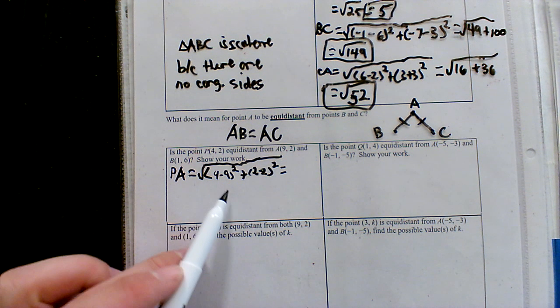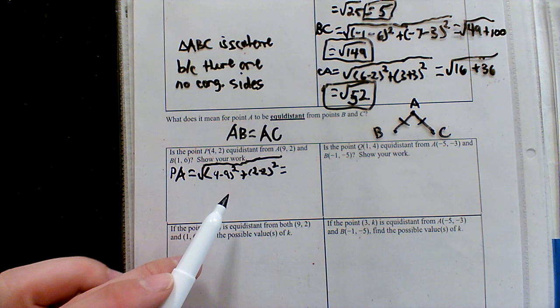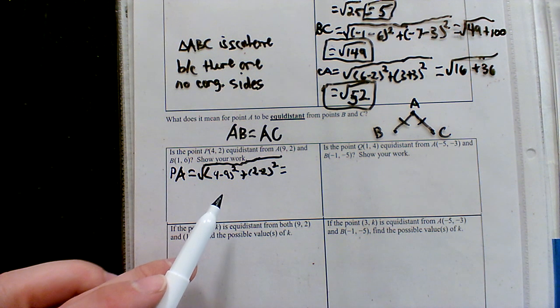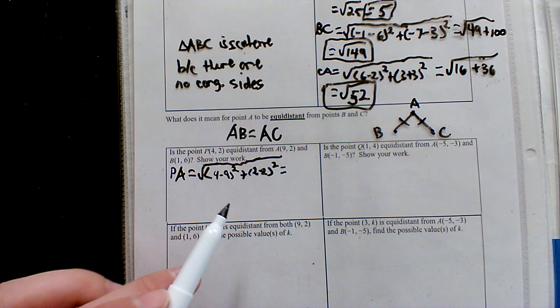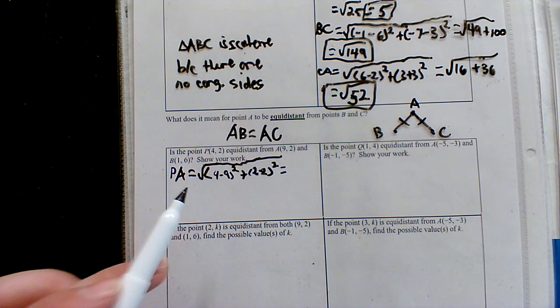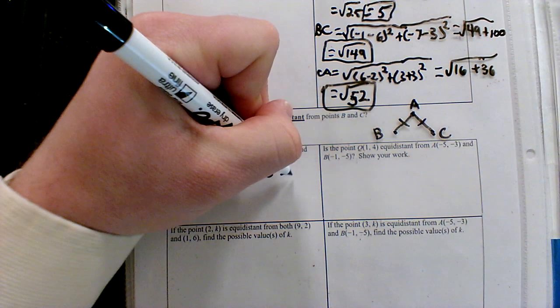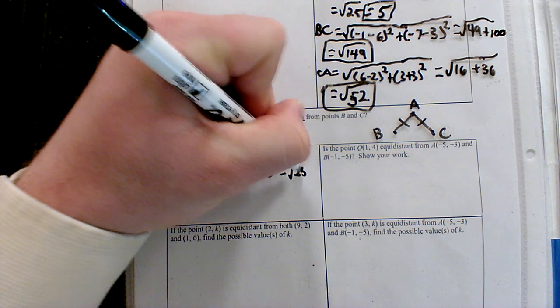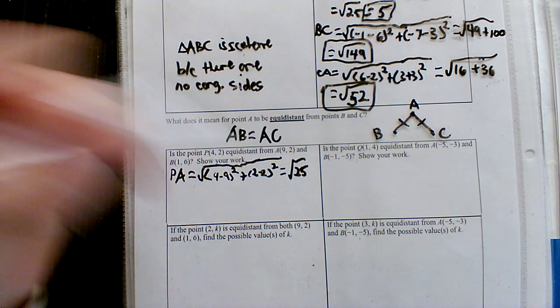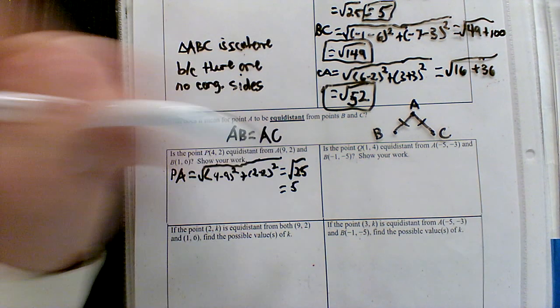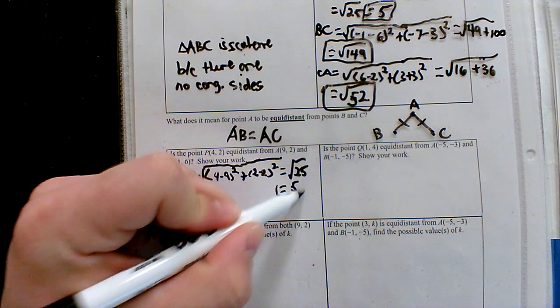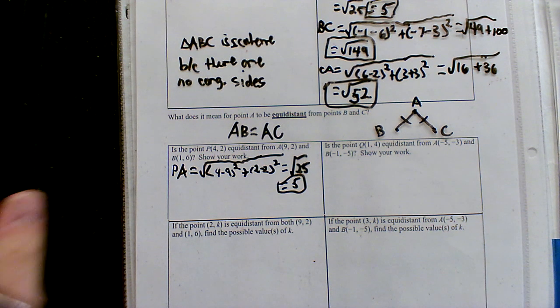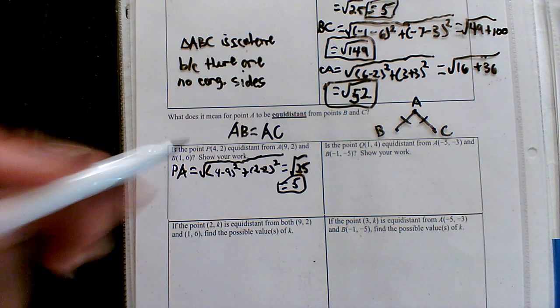What's 4 minus 9? If we get negative 5, you square it, and that becomes 25. So we get square root of 25. Well, the square root of 25 is just 5. So that's our side from P to A.